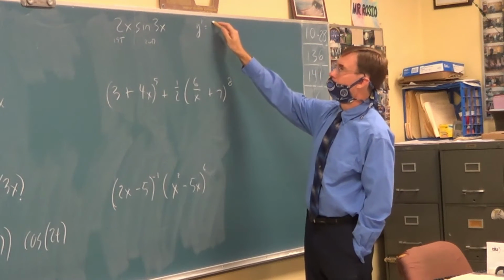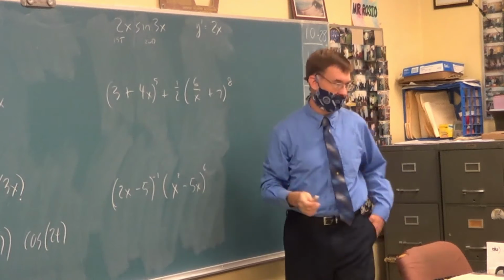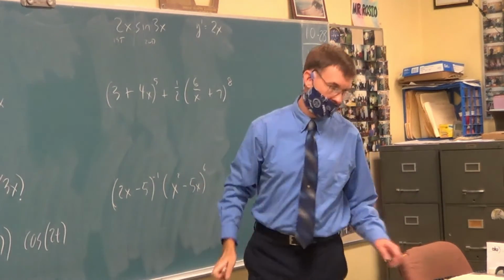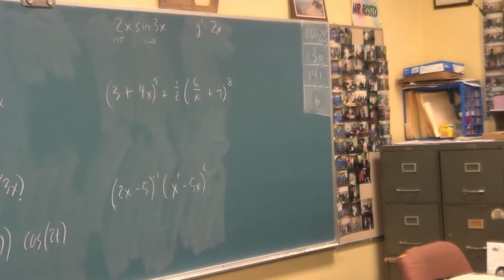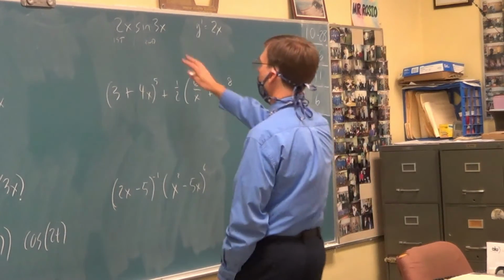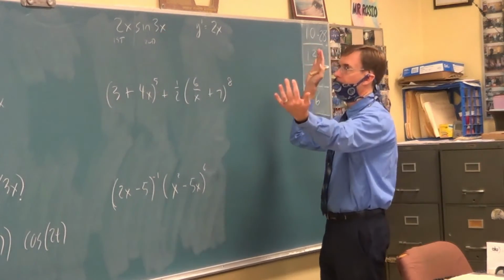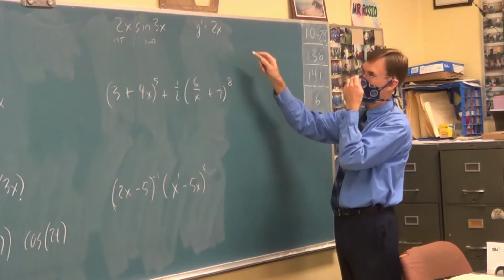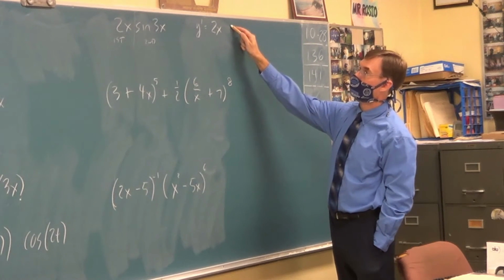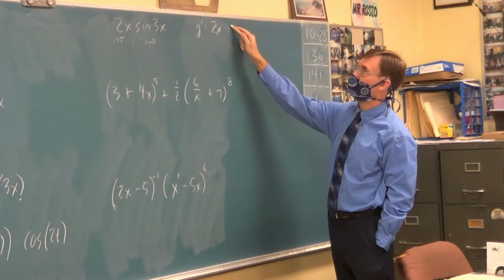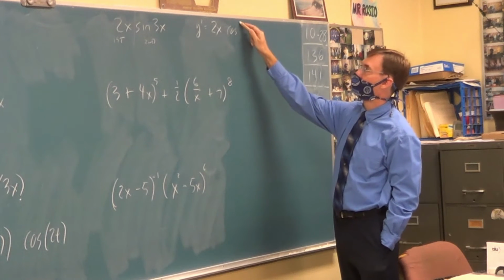First times. So we copy the first one. And then that's going to multiply derivative of the second one. When we go to do the derivative of the second one, that's chain rule, work from outside in. So who's outside? Sine becomes cosine.